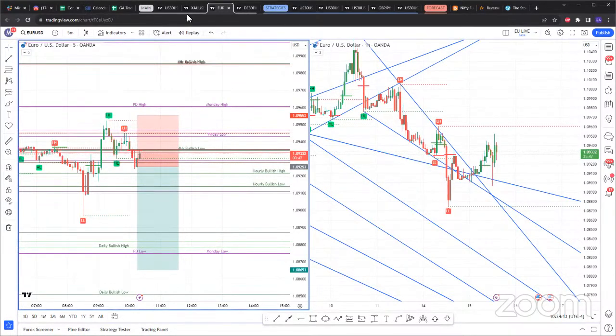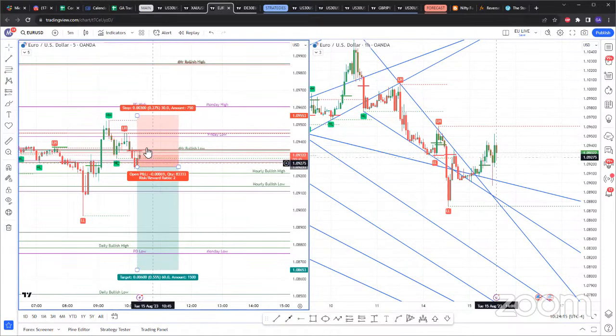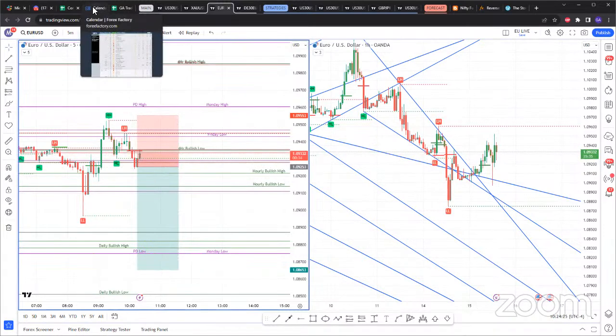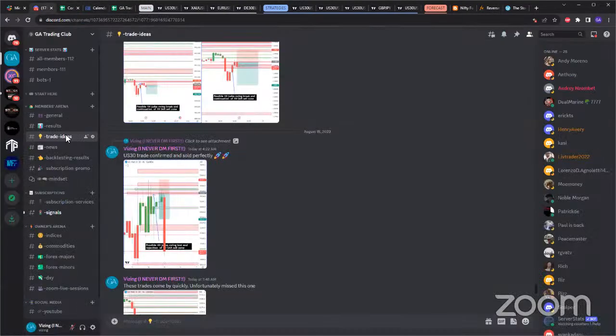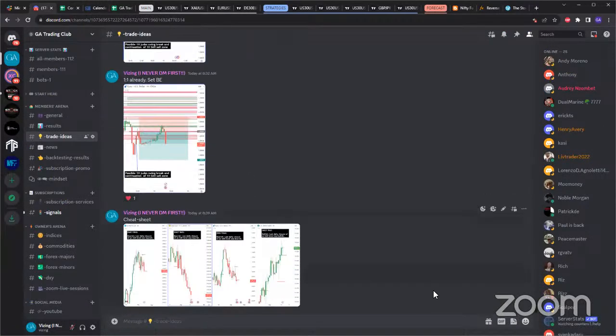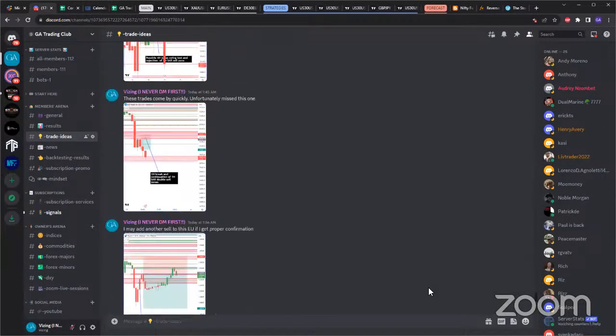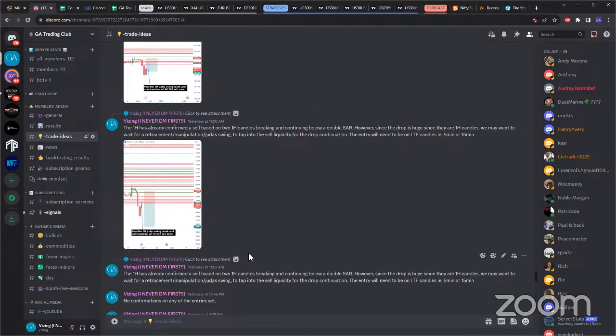Let me show you a quick difference. Right now, this trade is a valid trade, and it's a trade I've sent out and said I'm taking. But if we go to the trade ideas area, you'll see here that I send before the trade validates. For example, yesterday on EU, I said possible 1 hour Judas swing break and continuation.